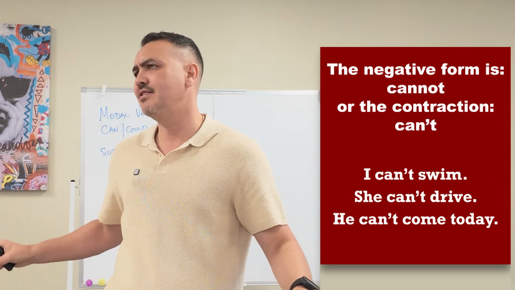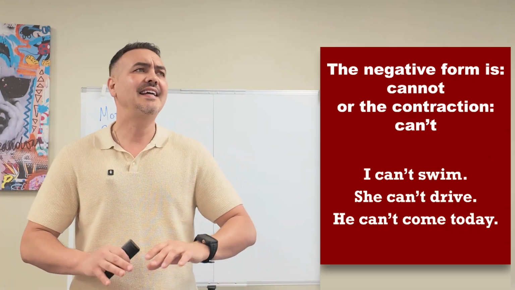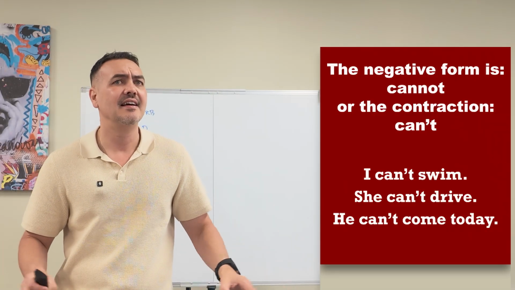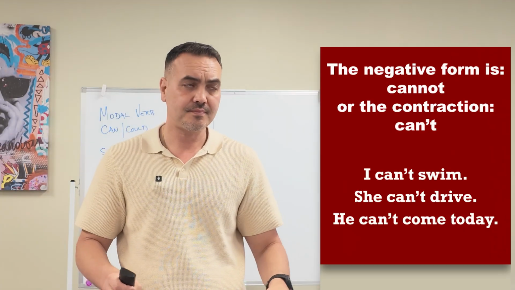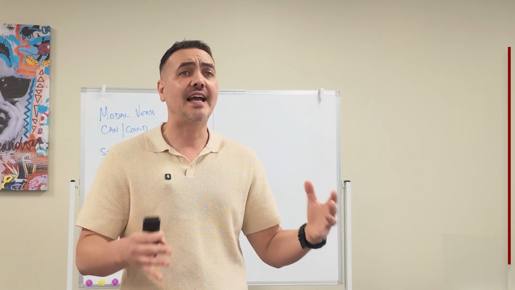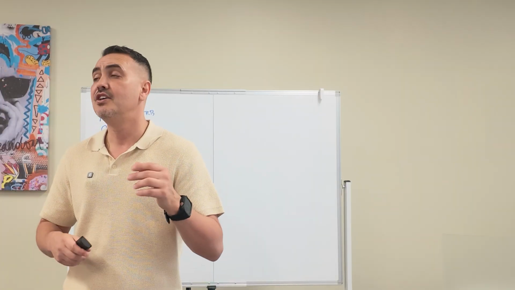She can't drive. He can't come today. They can't understand the question. And again, after can't, just use the base verb, okay? Say, she can't drive. You do not say, she can't drives, okay?